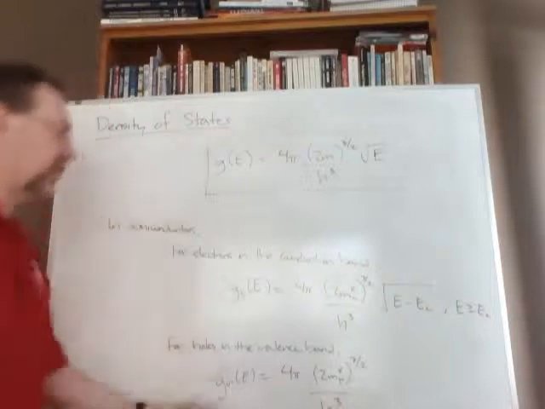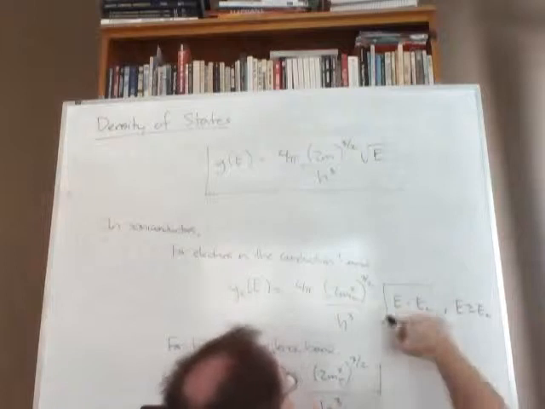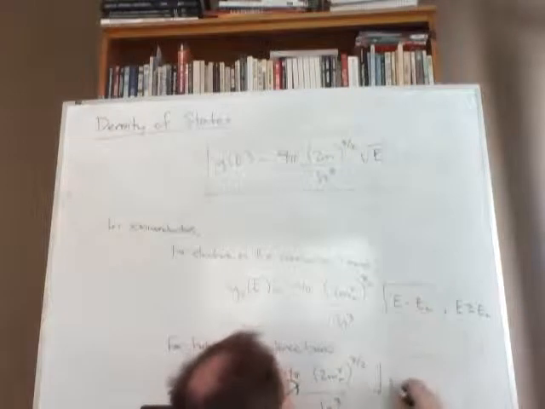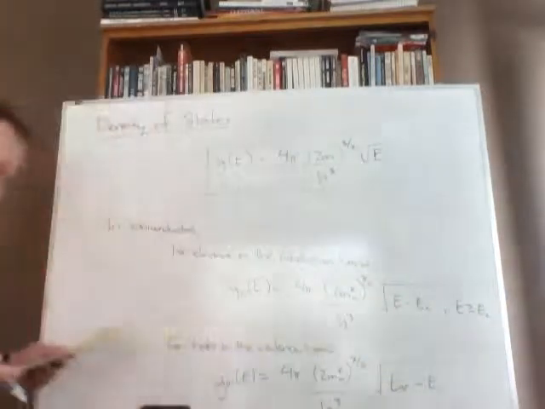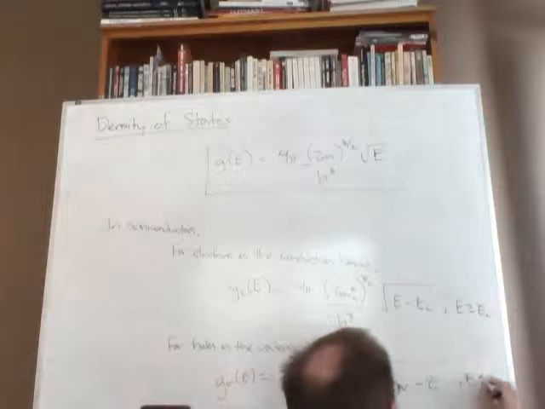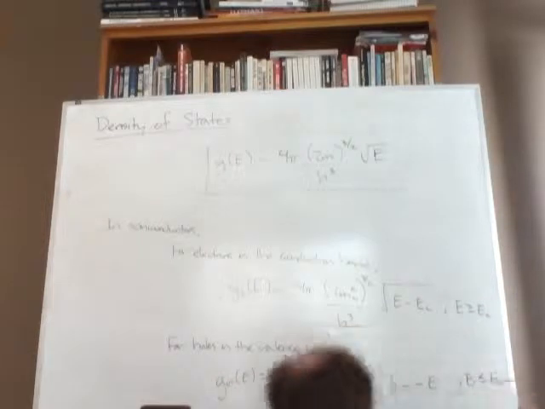And instead of going up, we're going to go down from the valence band energy. So instead of E or E minus, we have to have a positive number. It's going to be E sub V minus E, because we're going down in energy. Again, E here is less than or equal to E sub V.